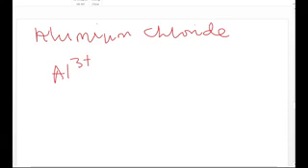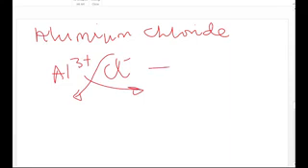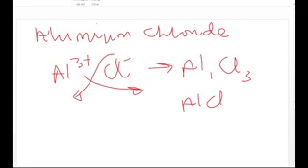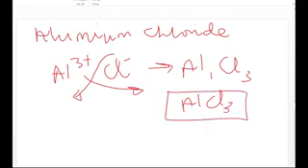Now Cl has a charge of minus. I think you have done that. So what do we do? Just exchange this. That will give you Al1 Cl3. So aluminium chloride is AlCl3. Does that make sense?